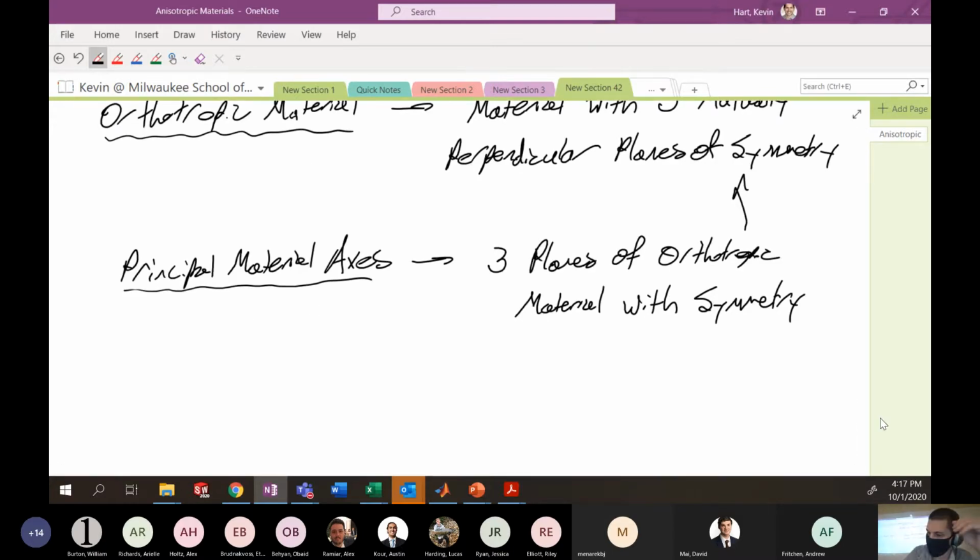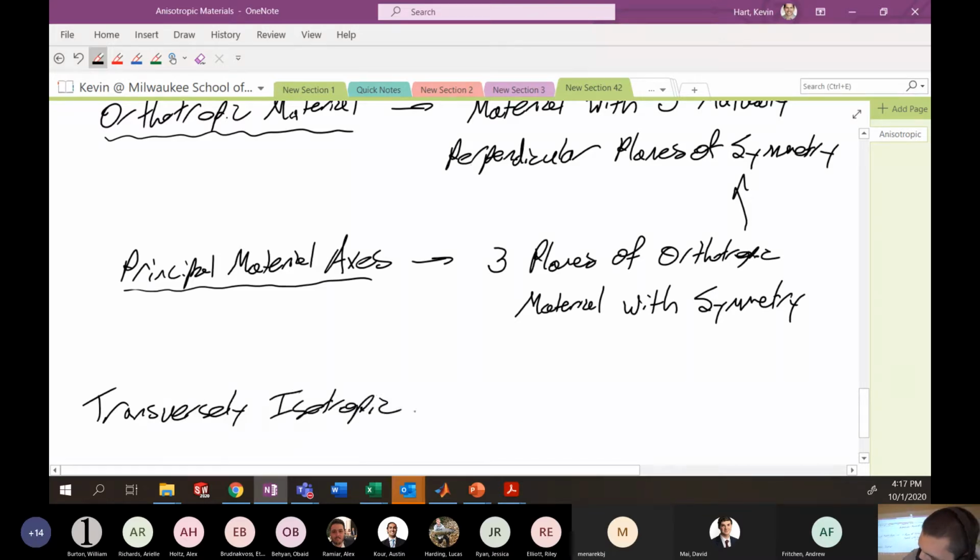Finally, transversely isotropic material. A material with one plane of isotropy.